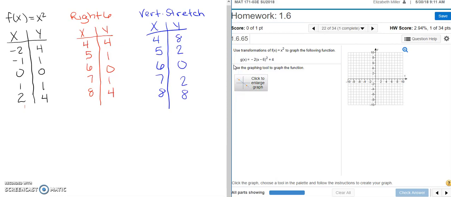So it's my y value that's changing. Then we'll do one down here, reflecting over the x-axis. Reflecting over the x-axis changes my y value. So all of my y values are going to change signs because they're flipping upside down.